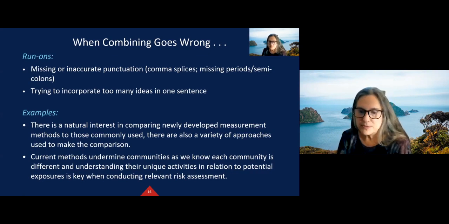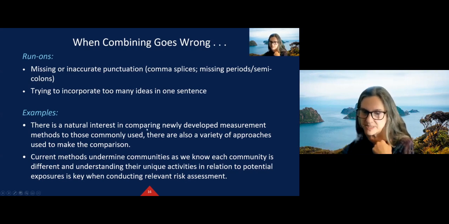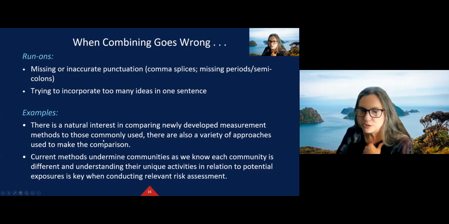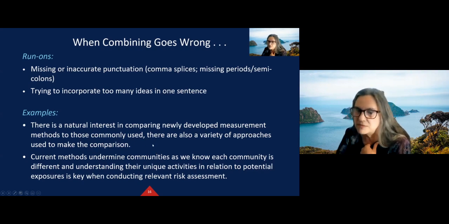Both of these examples have punctuation that isn't used really effectively. The first one is a comma splice, because basically you're just using a comma to join two independent clauses. So again, your reader isn't getting enough of a signal to slow down and start a new related point or idea.